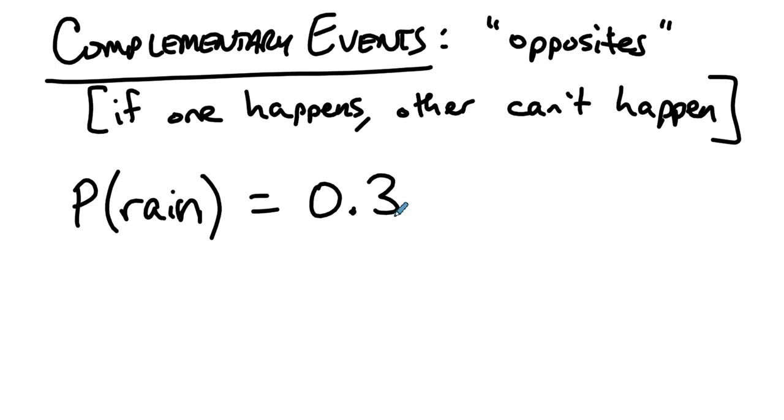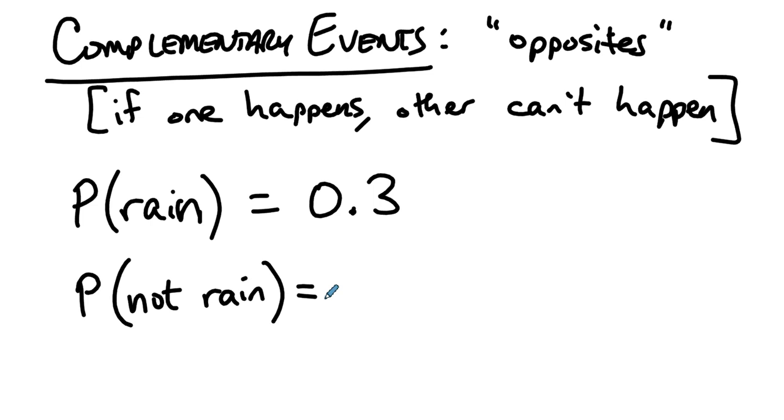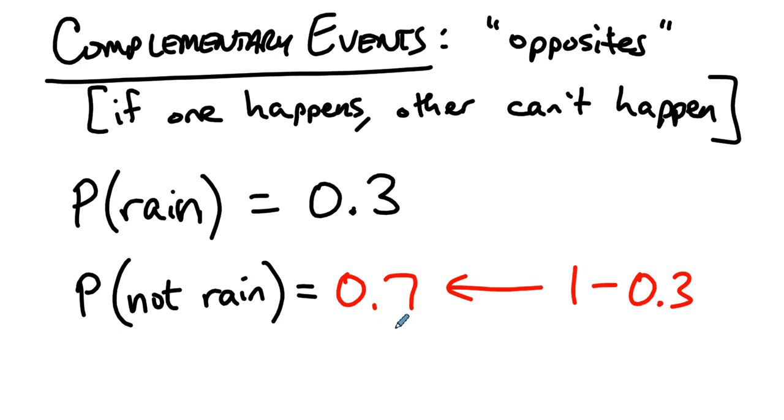So if we convert that to a fraction between 0 and 1, because probabilities are fractions between 0 and 1, if we say the probability of rain is 0.3, then we say that the probability that it will not rain is, well, you would say that, right? Because you would say that all probabilities add up to 1, but there's a 0.3 probability that it rains, and that leaves a 0.7 probability that it does not rain.